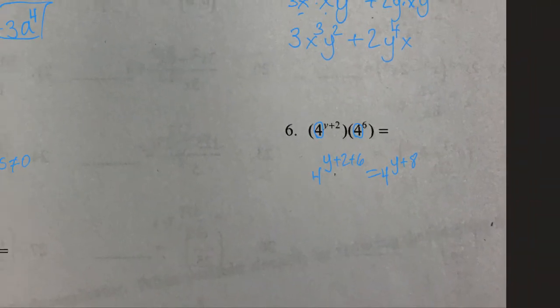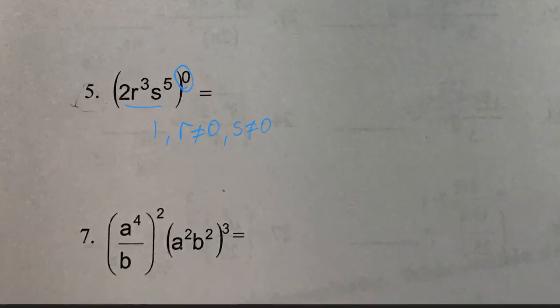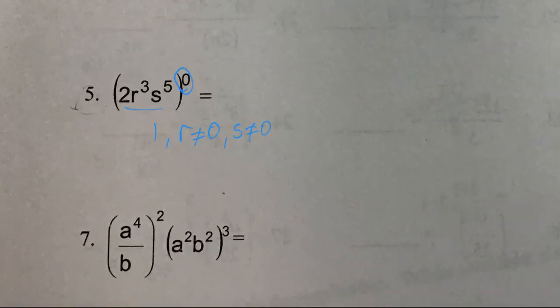All right. And so last one for this group, number 7: a to the power of 4 divided by b, raised to the power of 2, and then we have a squared times b squared, to the power of 3.